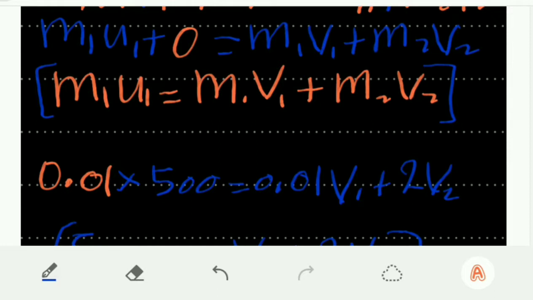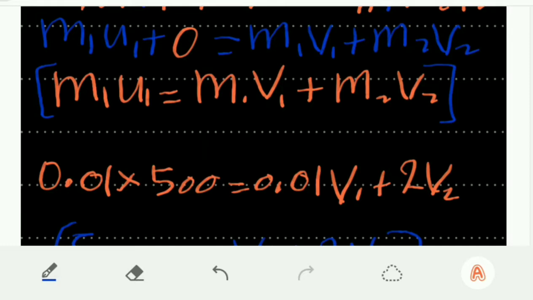So it's going to be 0.01 as the mass multiplied by the initial speed, 500, equals the mass of the bullet times its final velocity, which is unknown at this stage, plus the mass of the block, 2 kg, multiplied by the final velocity of the block, which is also unknown at this stage.